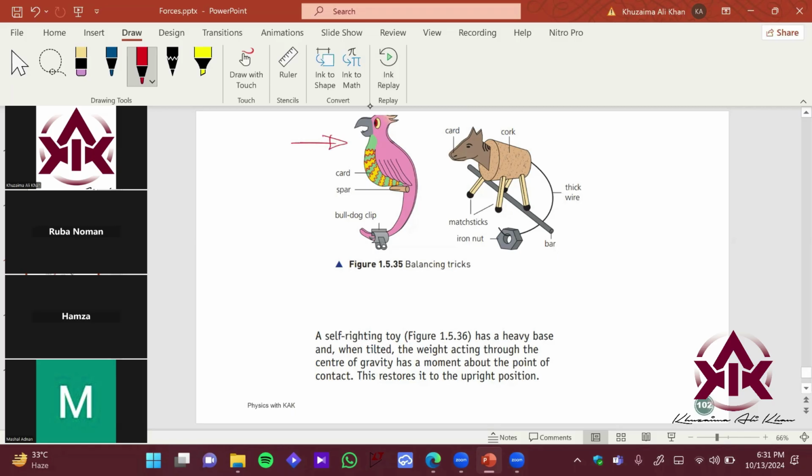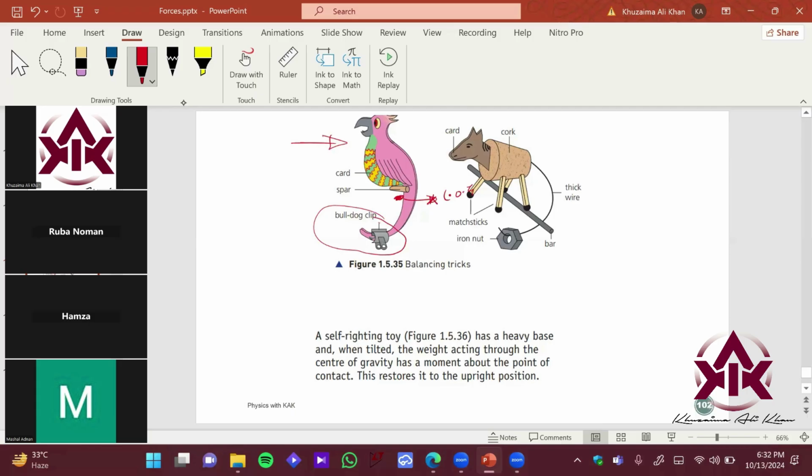So they put a bulldog clip over here. So what happens is that they have lowered down the center of gravity, right? So they bring the center of gravity lower. This is the center of gravity which gets lower after putting this weight on this particular toy, which makes it more stable.